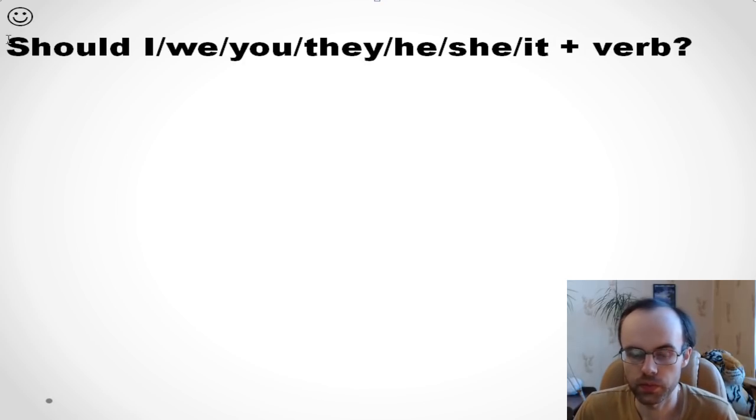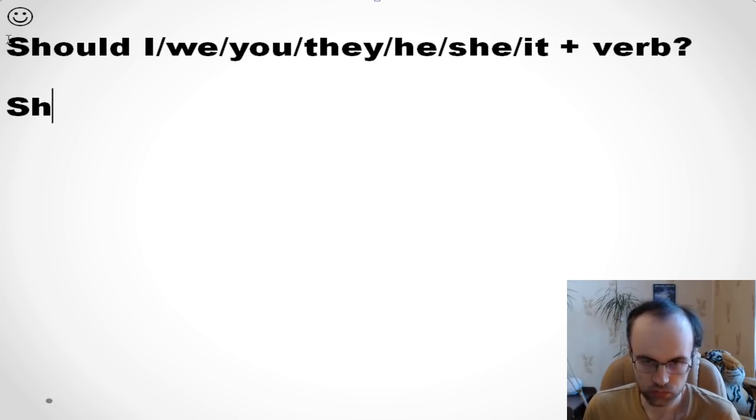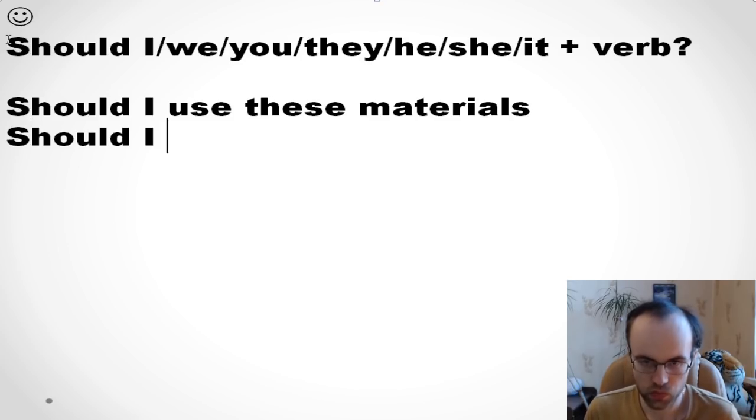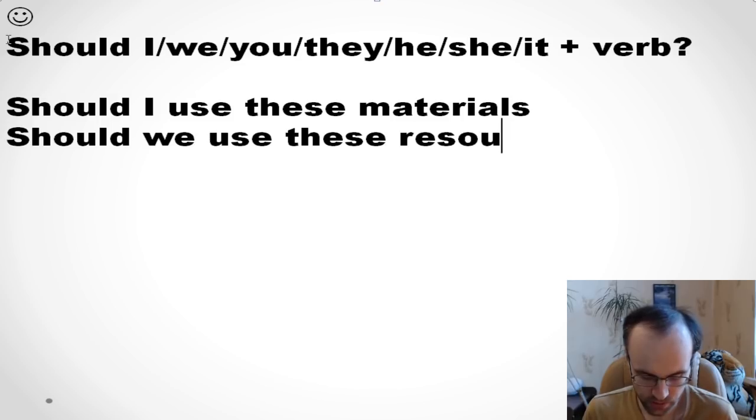For example, should I use these materials? Or should we use these resources?